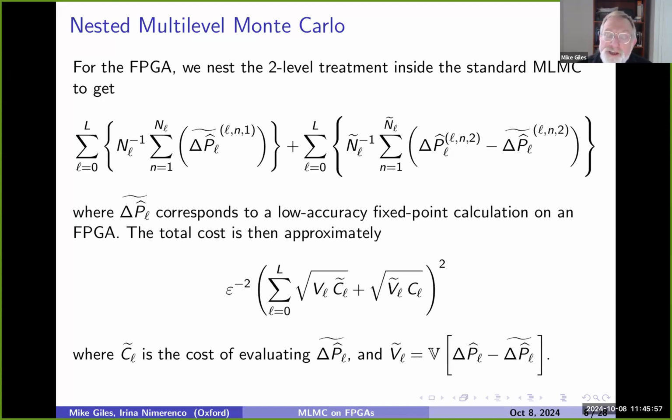And the V tilde, that's the variance of the difference between the inaccurate FPGA calculation and the accurate CPU calculation. Okay, and so what we expect is that C tilde is much less than C, and V tilde is much less than V. That's kind of the point.